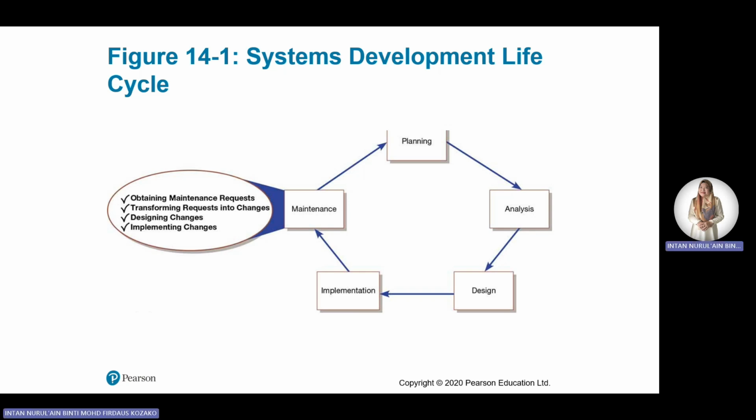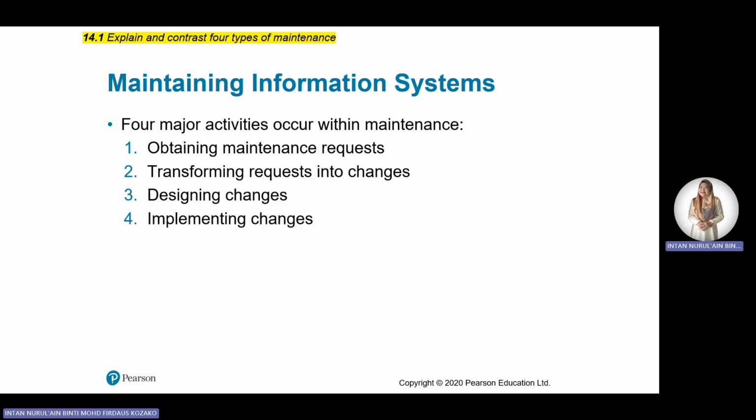In this phase, it involves making changes to ensure that the system continues to operate efficiently, meets evolving business needs, and also remains secure. So this chapter covers the types of maintenance, factors affecting costs, management of maintenance personnel, and also how to control change requests effectively. So why does a company need to do maintenance?